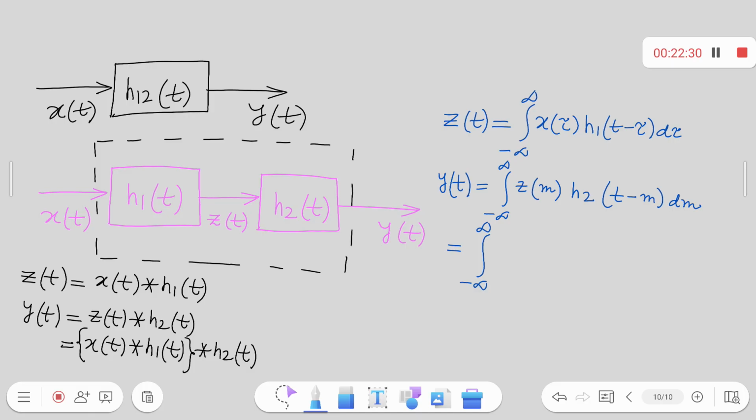So in case of z(m), what can I write? The integral from minus to plus infinity of x(tau) h1(m minus tau), then you have h2(t minus m) d tau dm.